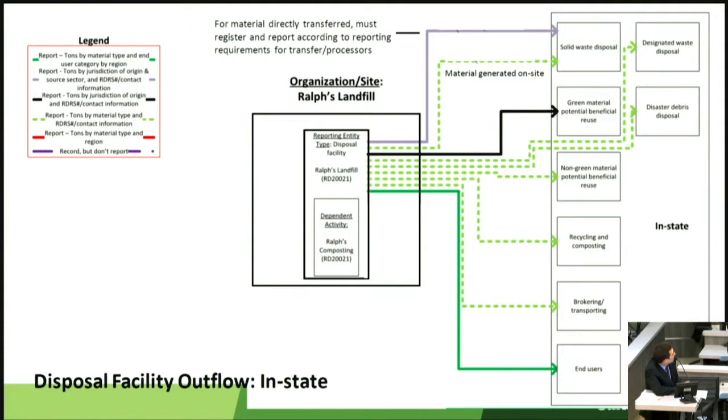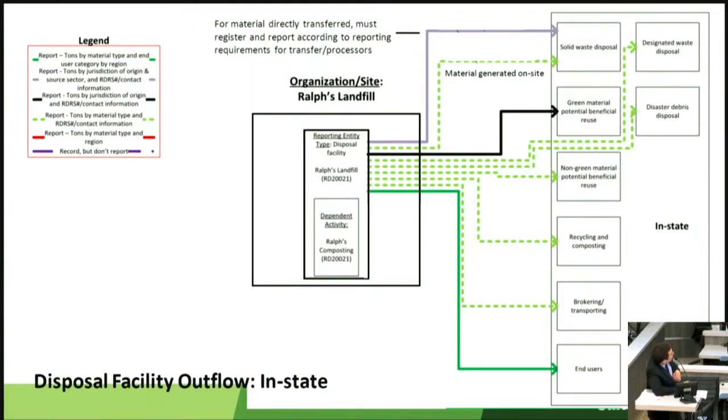So if they directly transfer that material and don't dispose it, meaning they got it from either direct haul or another transfer processor, and for whatever reason the solid waste wasn't disposed but was instead transferred to another facility, report according to the requirements for a transfer processor sending outflow of solid waste to another facility. That requirement is to provide both jurisdiction of origin and the source sector composition for each flow into each facility.